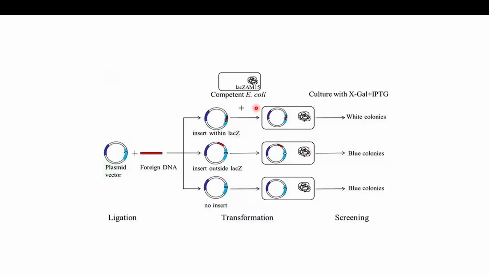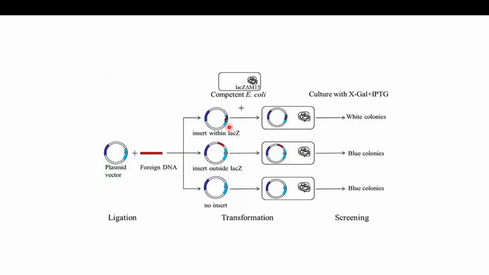And the competent E. coli cells are already able to express omega peptide. So alpha and omega peptides together will give a functional beta galactosidase enzyme that will act on the chromogenic substrate X-gal to produce blue colonies. But if the foreign DNA is inserted within this LacZ alpha gene sequence, then it won't be able to encode the alpha peptide.